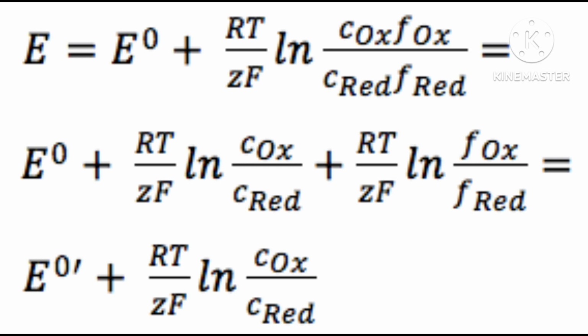Then you will get the same type of expression, only in the place of copper ion Cu2+ you will get 1 upon Zn++. E is equal to E naught minus 0.059 divided by n log base 10 of 1 upon Zn++. Correct? Common expression already you know.